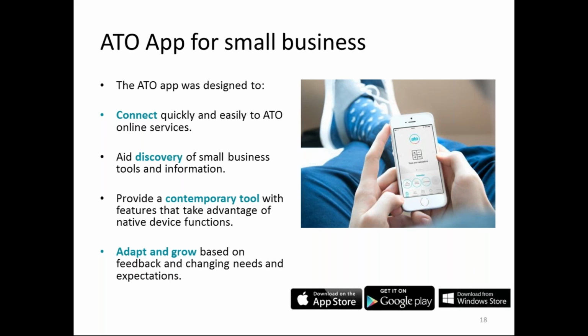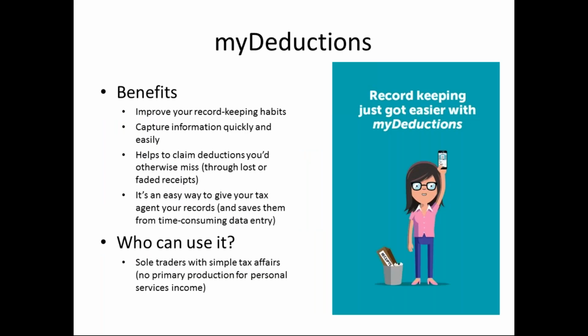Some of the ATO app features include My Deductions tool, business performance check, and other tools and online services. So if you're an individual taxpayer or a small business owner or self-managed super fund trustee, you can access this tool in one place. So this can be used by small business sole traders with simple tax affairs.